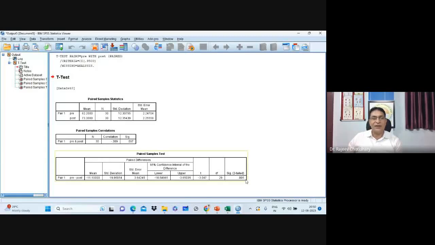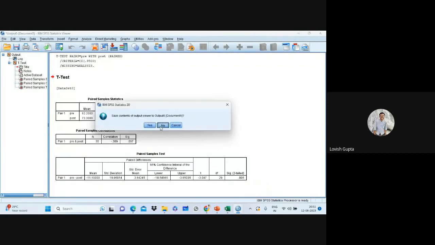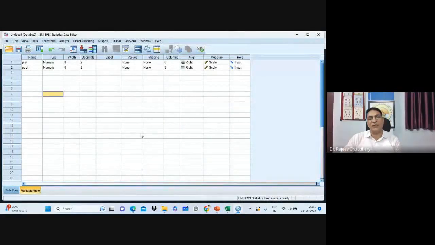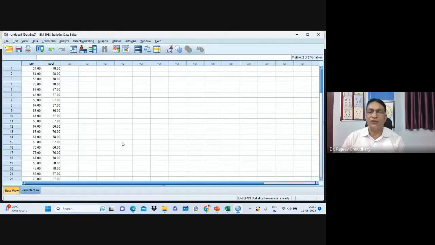Do you need any repetition? Sorry, could you repeat the data entry part, the number of columns in SPSS or Excel? In SPSS, sir, we have to enter all the scores in the same manner as we entered in Excel. There is no difference. We have to use two columns.